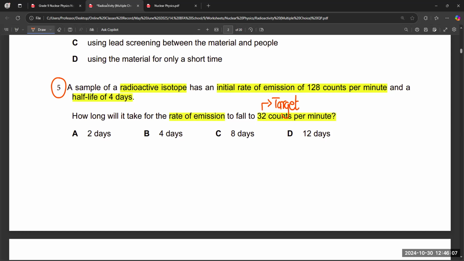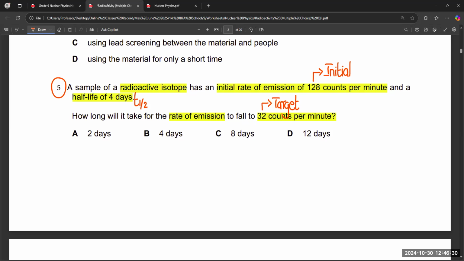You have to reach this value from the start because initially we have 128. And after every 4 days, this mass decreases to half of its original value.